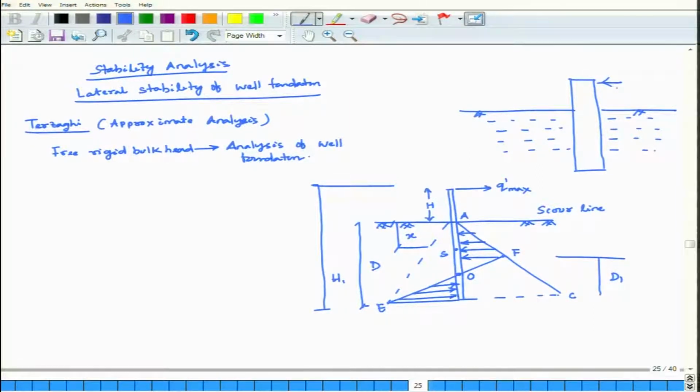So, what are the assumptions? If these are the lateral forces coming, the front will be in passive state, because it will move like this and go towards passive force. The rear will be in active state.